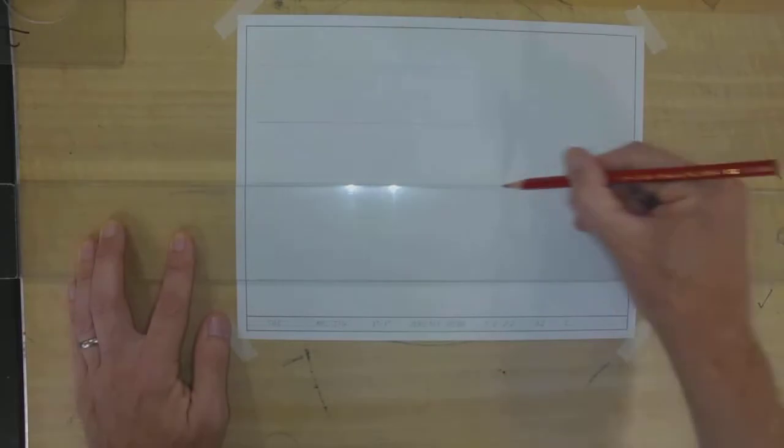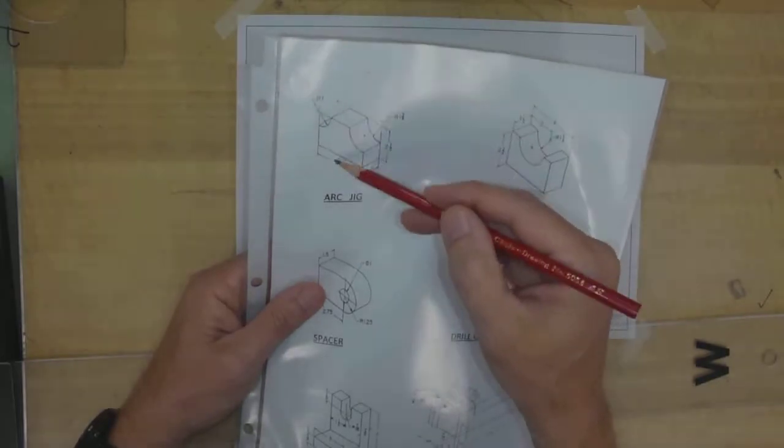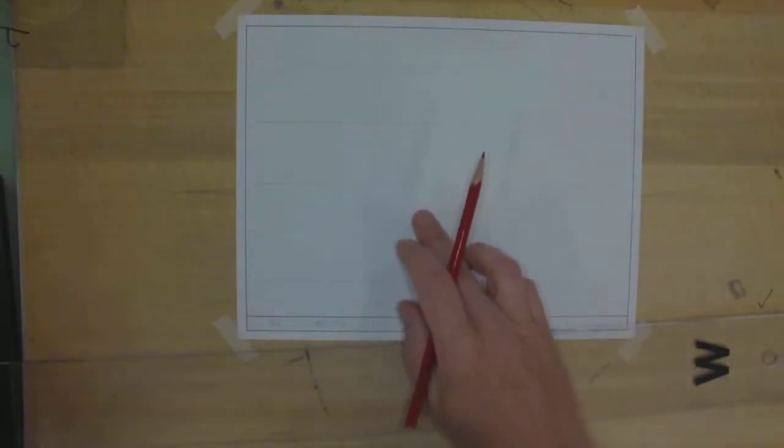Then 2.5 for what? That will be the height of the front view, right here. 2.5 inches is the height of the front view that's going to go right here on the paper.